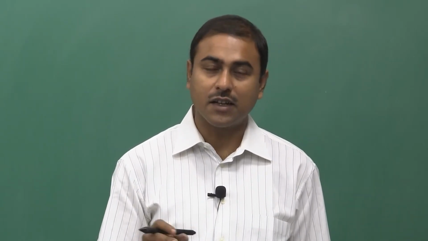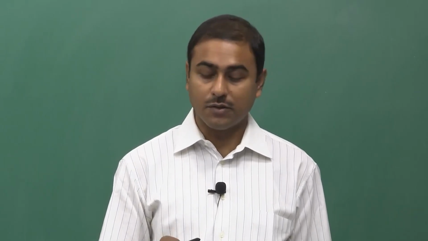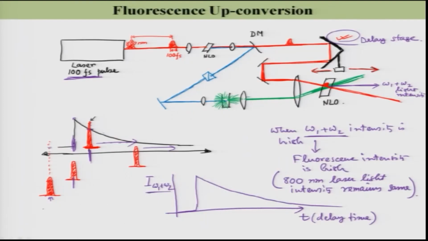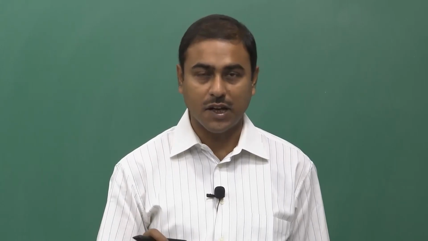So, the IRF could be 150 femtosecond or 200 femtosecond. And this IRF can be easily measured by Raman scattering in this case, which if some of you are interested, then write to me and I will be happy to explain.